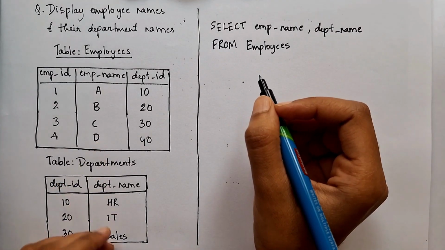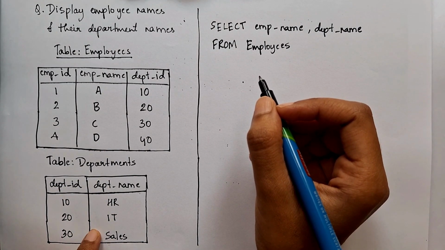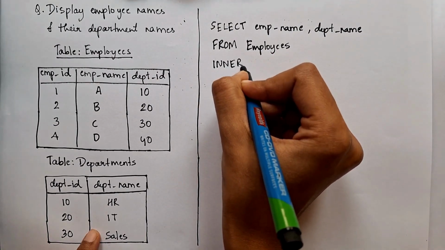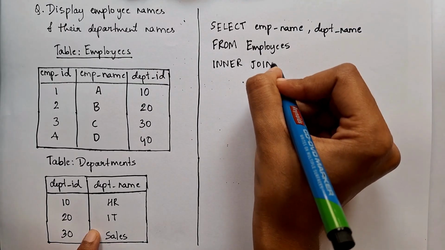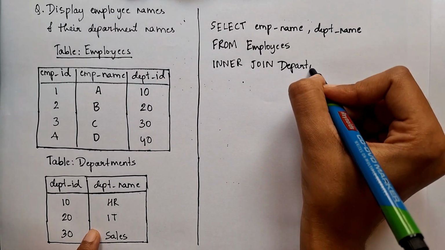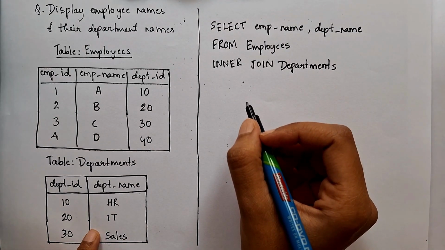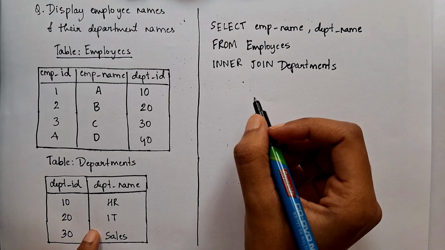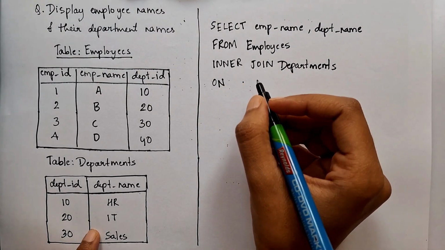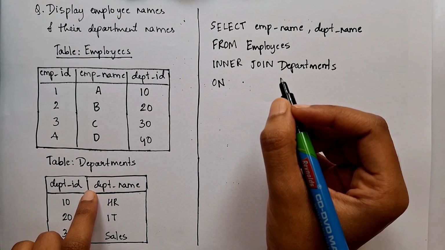After that, we use inner join and mention the second table, which is departments. So inner join departments. Then we use on clause to define the condition. So on. Here we match department ID from both of these tables.